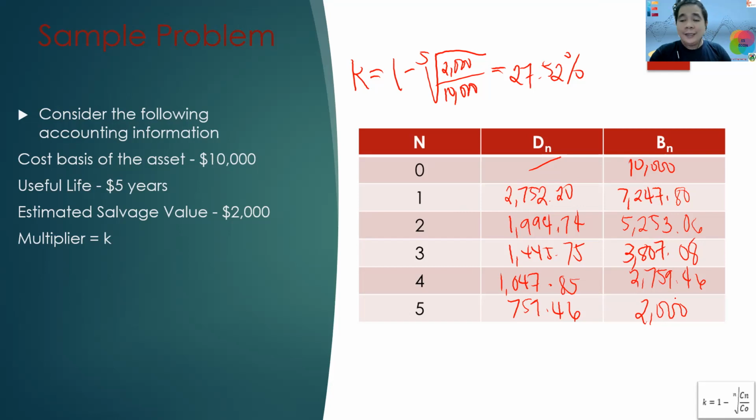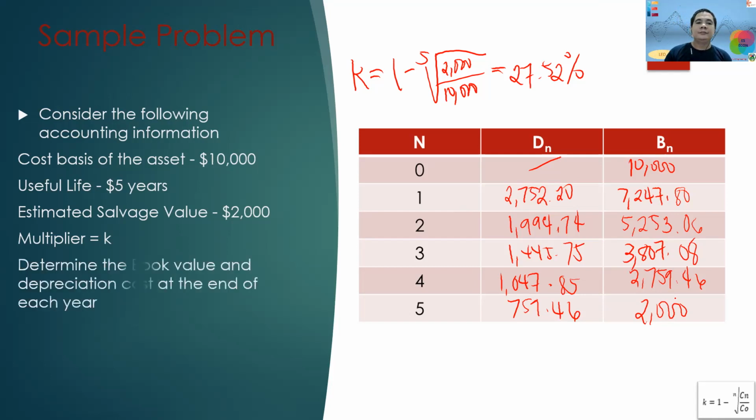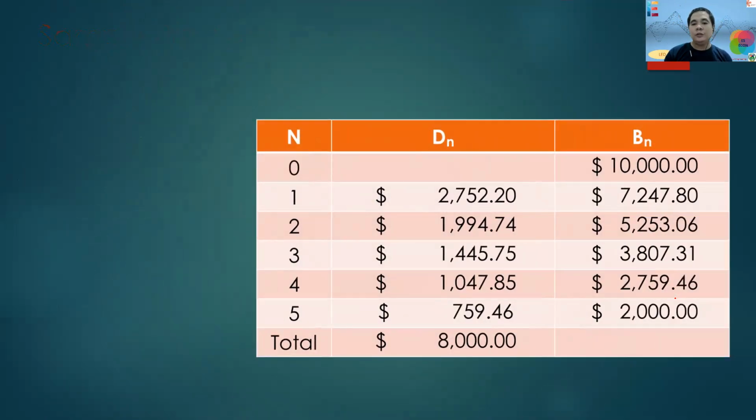So, if during your exams and module quizzes, the problem states a declining balance method without a multiplier provided, that problem refers to the Matheson equation. Okay. So by solution, this is your solution for the declining balance method using the Matheson equation.